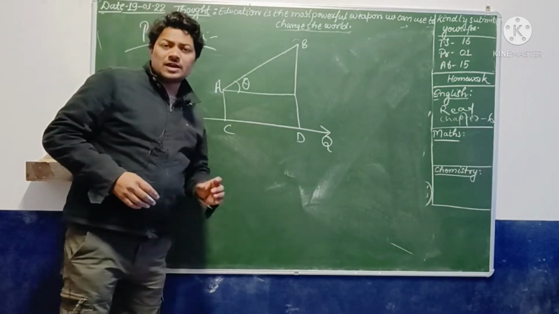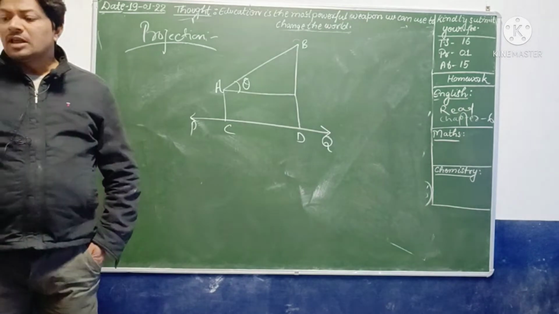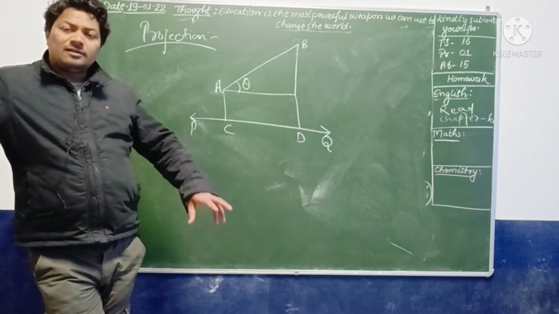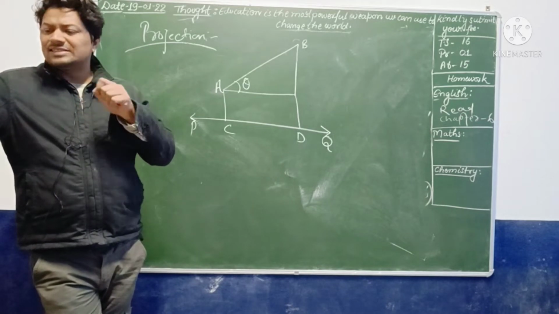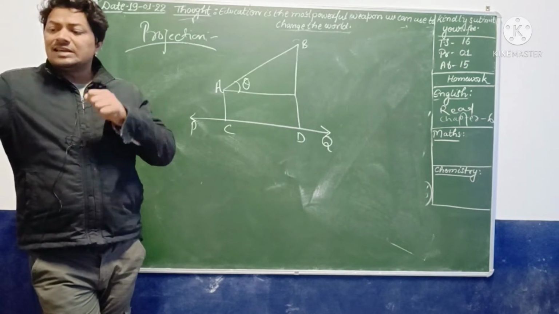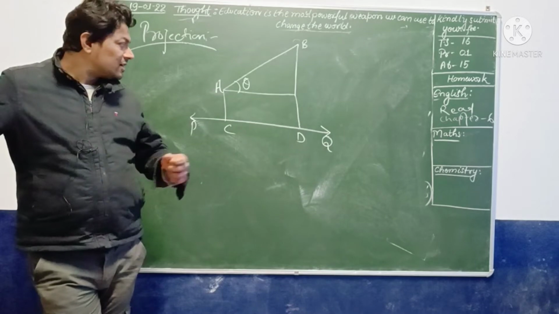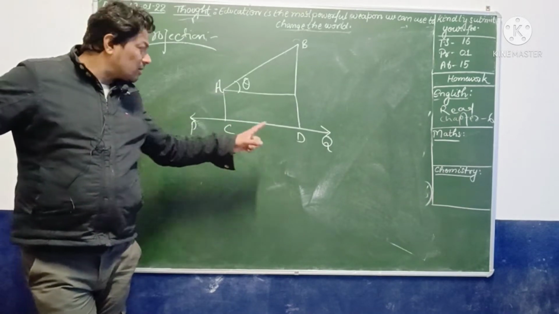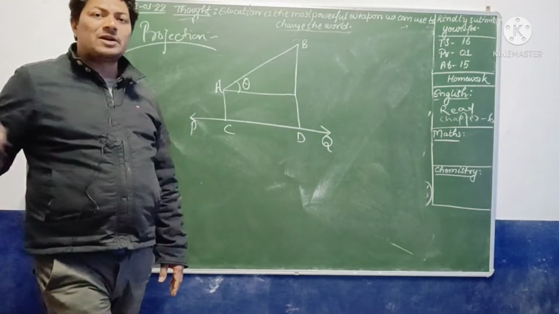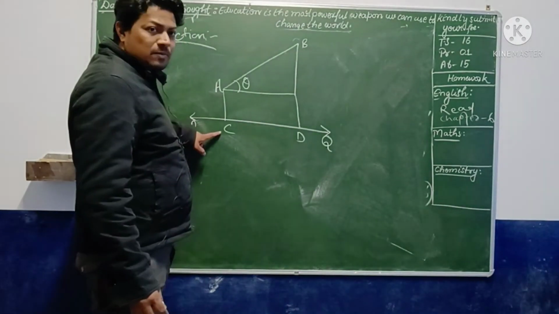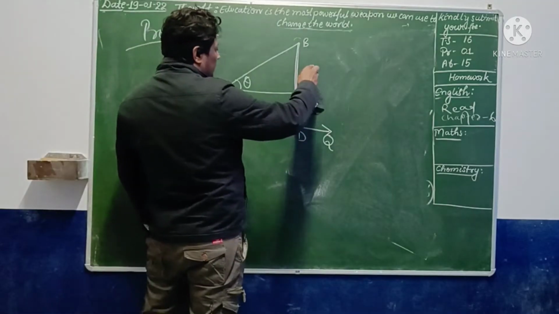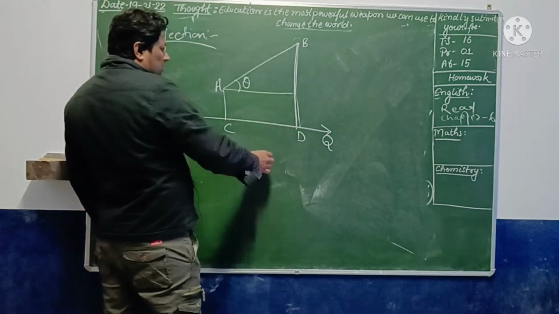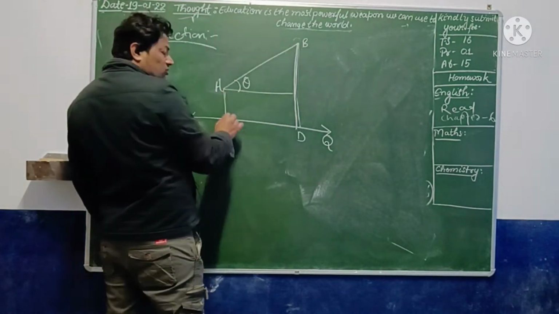The projection of AB on PQ is simply defined as the line segment CD, where C and D are the feet of the perpendiculars. Foot of perpendicular means AC is perpendicular, BD is perpendicular, this one also perpendicular, and this one also.